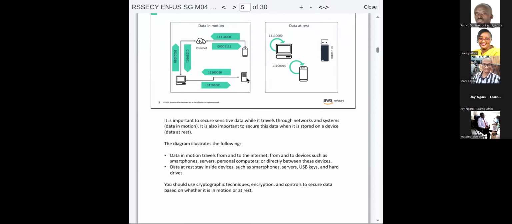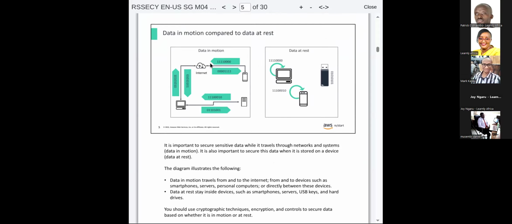Here we can see some of the things we can do to protect our data. For example, when data is being transmitted, it is being reversed, like it's being encrypted.